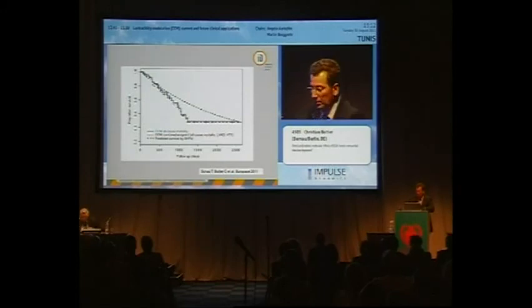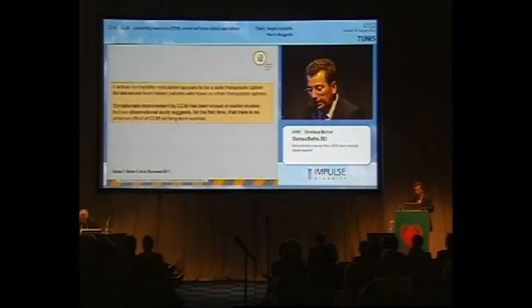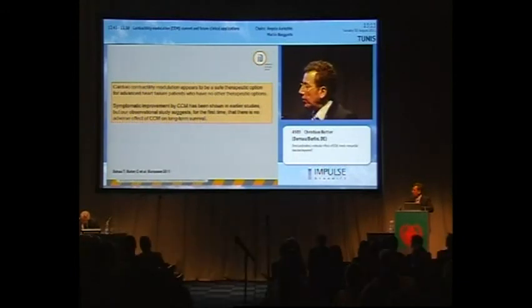Now you would say, okay, then it's not better, but on the other hand, you can argue it's safe, it does not put any risk on the patients, but the patients will have at least a few years of better quality of life, which has been shown in previous studies. Thank you.